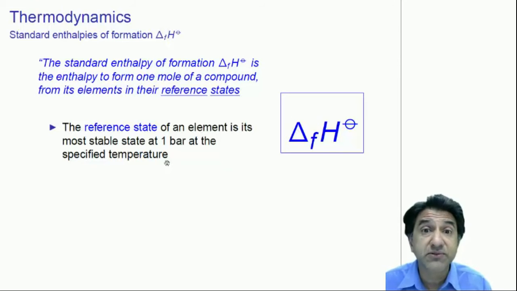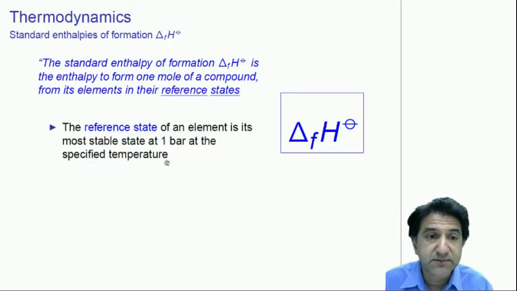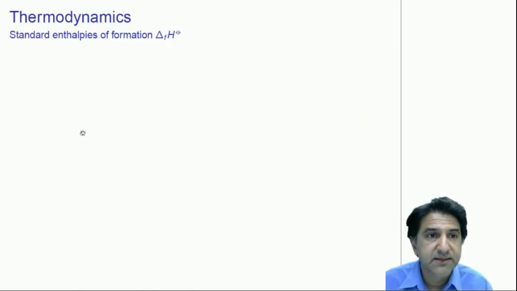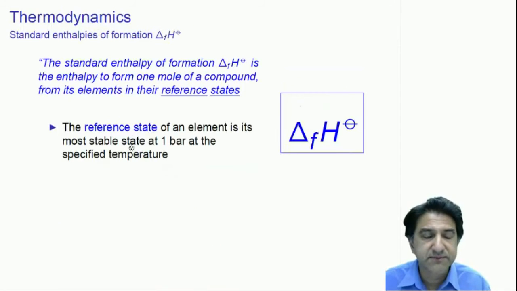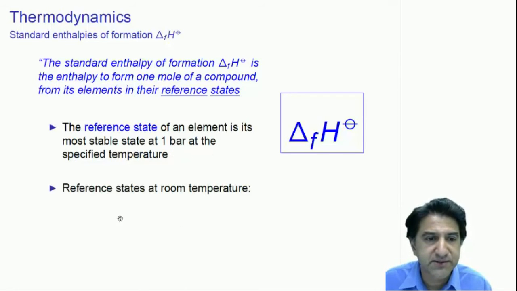It's the most stable form of the standard state of an element. So there are various standard states of elements, and the reference one is the most stable one. So they're very similar ideas, and the reason why we need this is to define, for example, atomization energies.